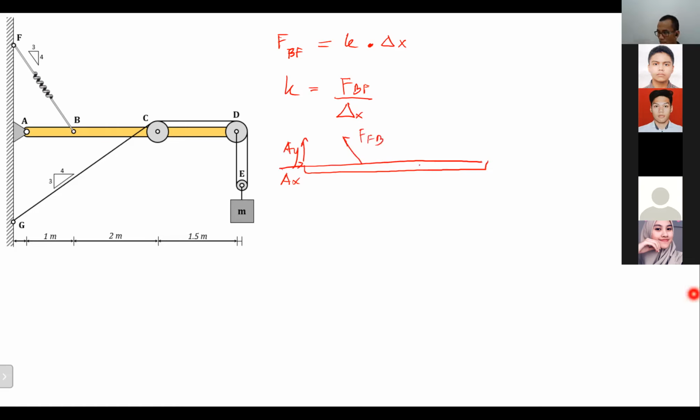And at point C, after you draw the free body diagram of the pulley C, the free body diagram will be like this, right? mg per 2, mg per 2.